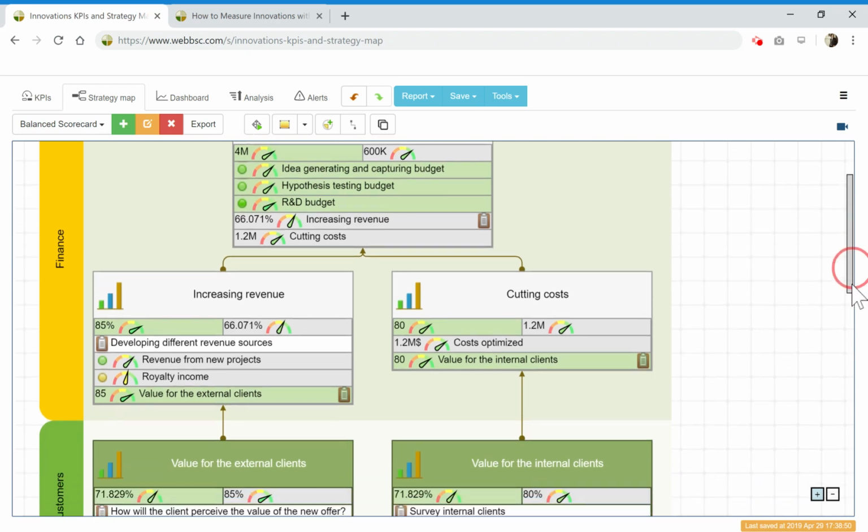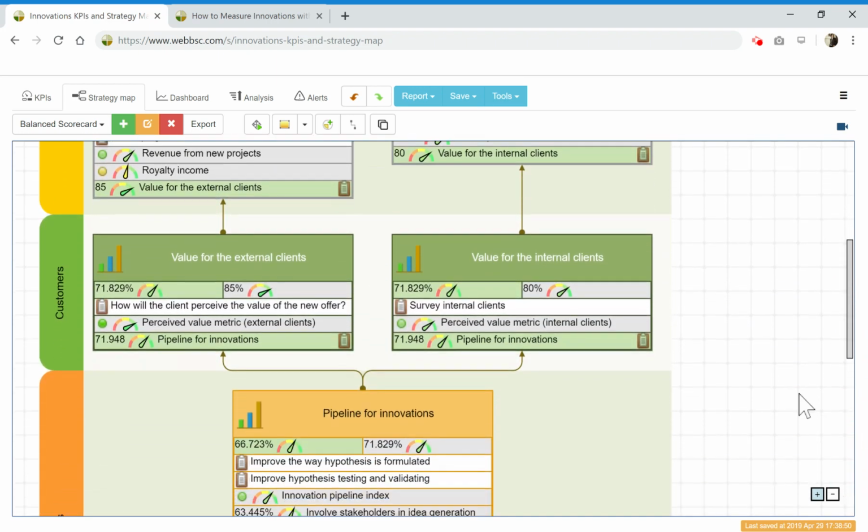Now, to achieve these financial goals, what should we do? What should we provide to our clients? We have external clients, our partners, our team. Here we have internal clients, our team, our partners, and we have external clients, our end users. How do we quantify this?